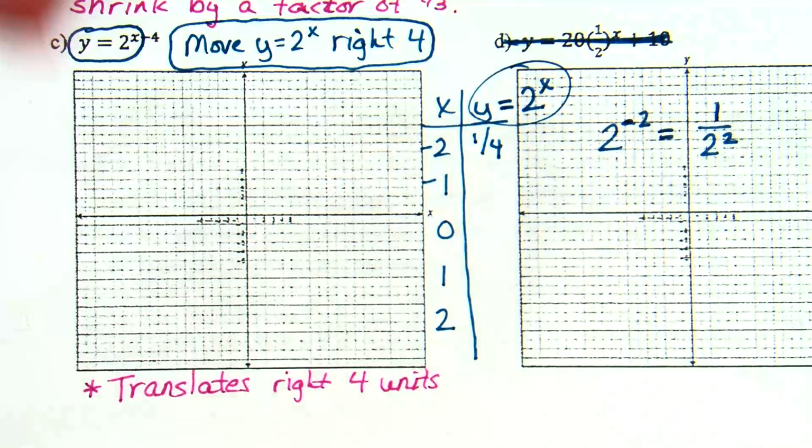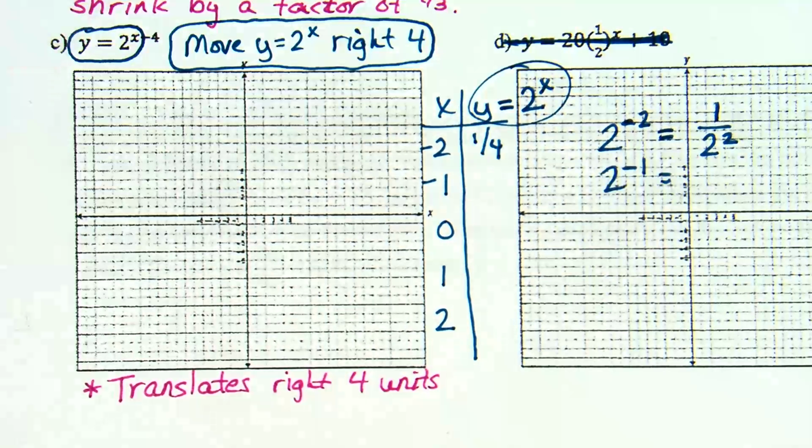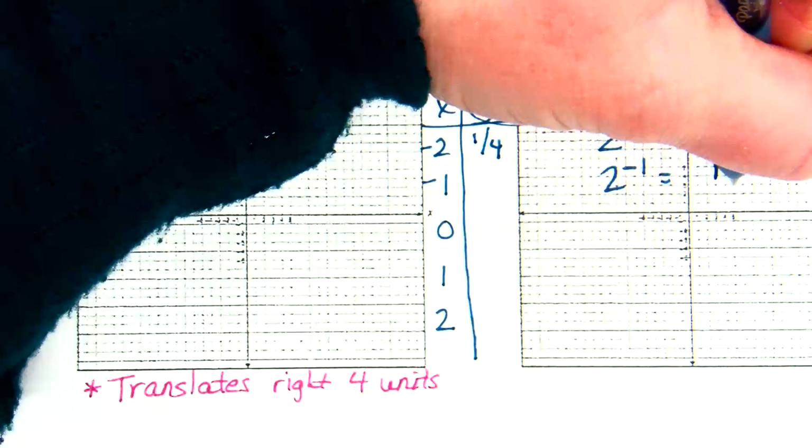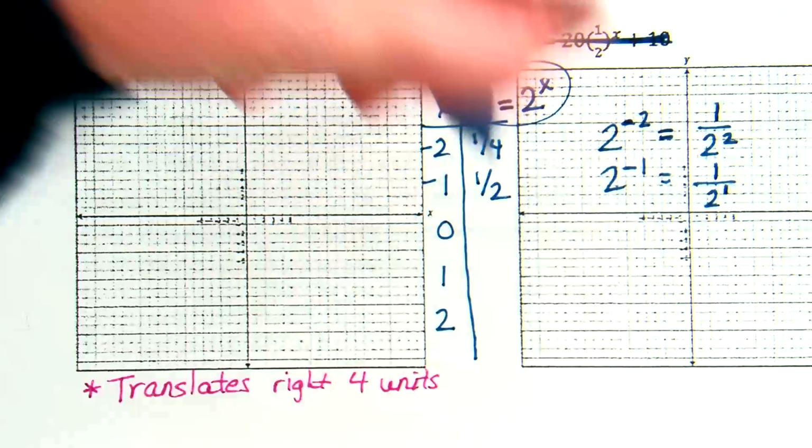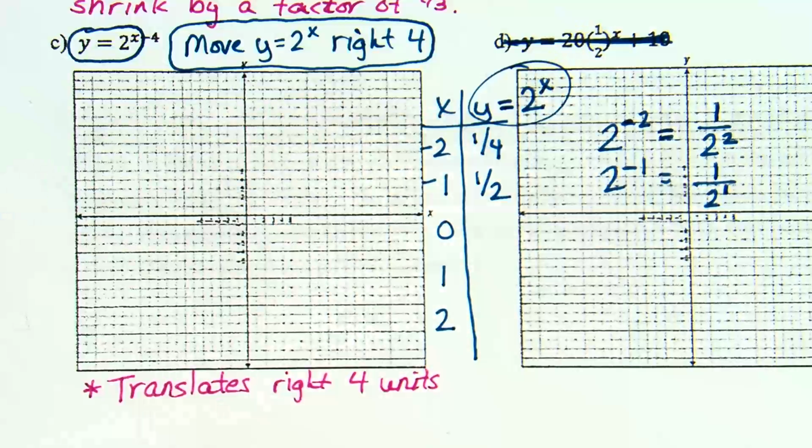What about 2 to the -1st? Negative exponent says to move it to the denominator. What is 1 over 2 to the 1st? 1/2. I'm done showing my work now. What is 2 to the 0? Anything to the 0 is 1.